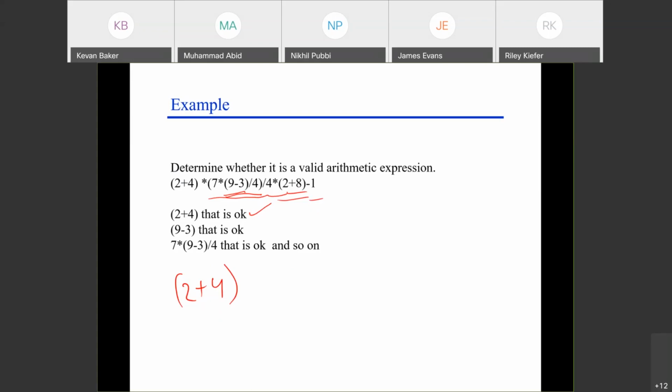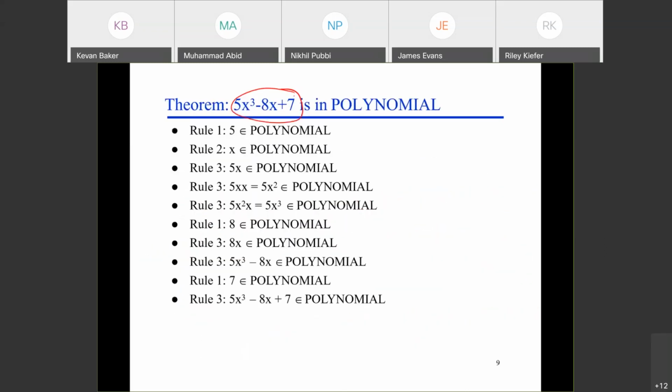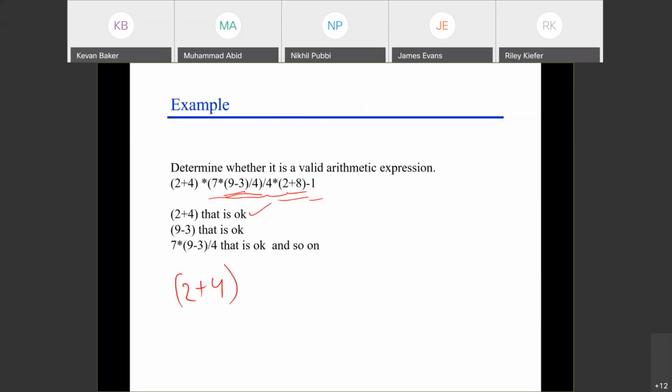So it is exactly the way I did this polynomial, exactly the same steps you will follow, and by these rules you can generate this arithmetic expression, and you can say that yes, this is part of the language, this is a valid arithmetic expression. And we can prove that by using all those rules. And we will state that we get this step by rule 1, we get this step by this rule, whatever rule we use. Okay.